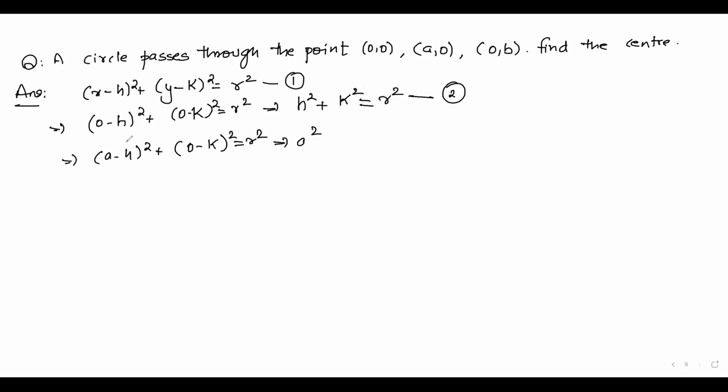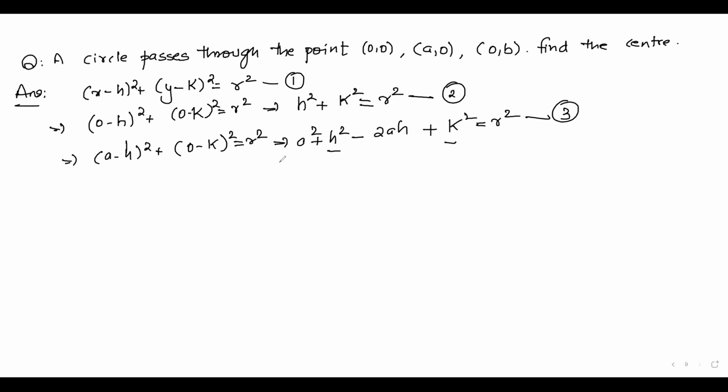That is a square minus 2ah plus h square plus k square is equal to r square. Let this be third. Now in place of h square plus k square, can we put r square from here?